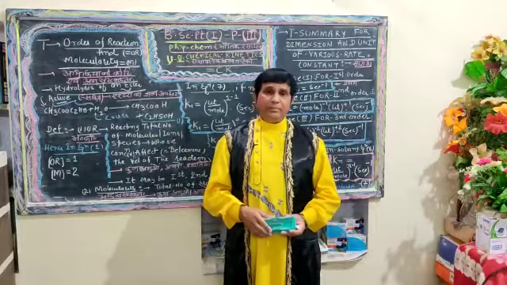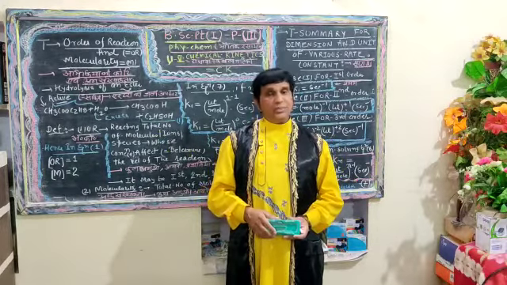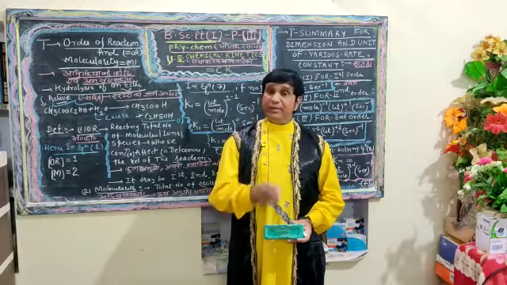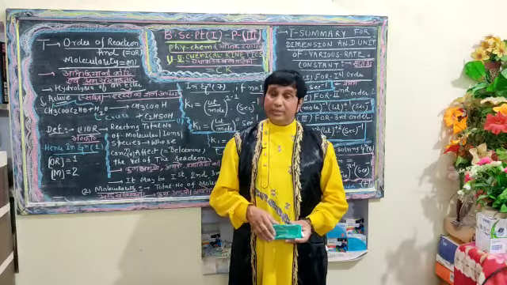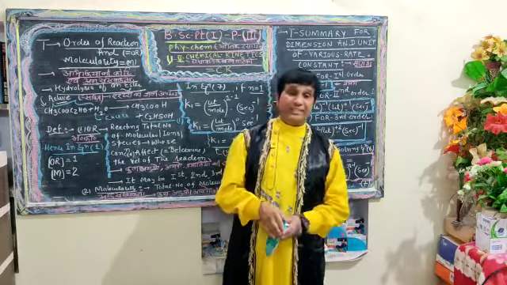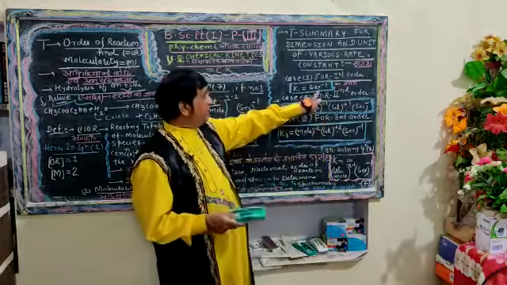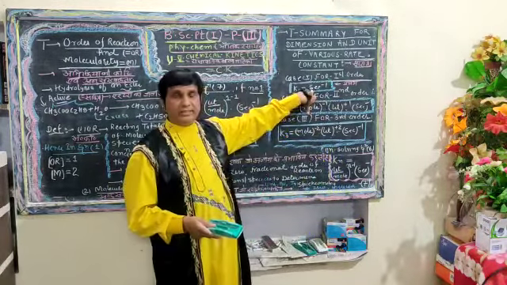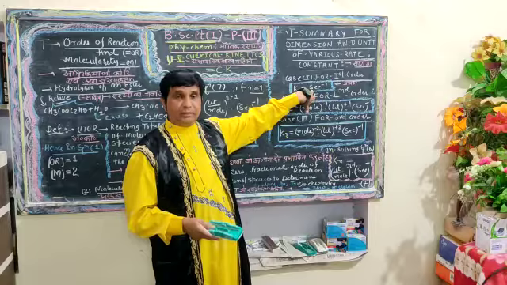Again, by using the law of mass action, the Guldberg and Waage law, we determine the value of units and dimension for first order of reaction. I have mentioned on the blackboard here: K1 equals second inverse. It is the unit of first order of reactions.